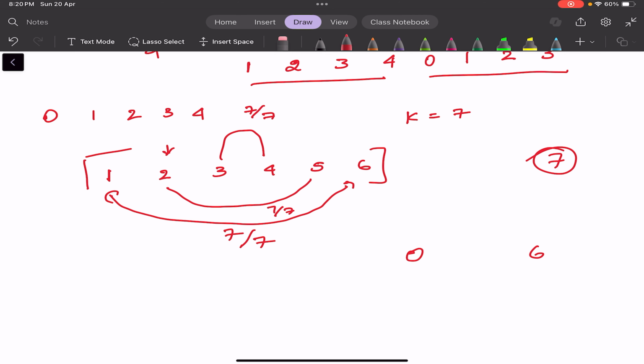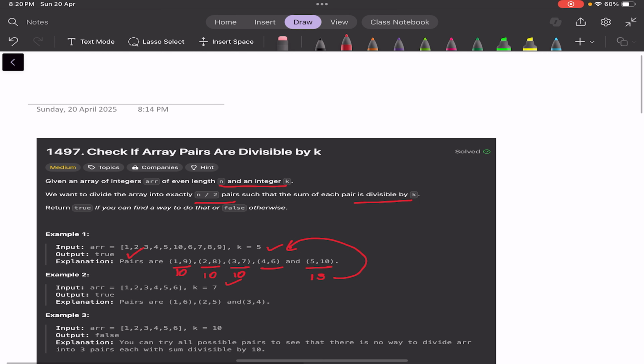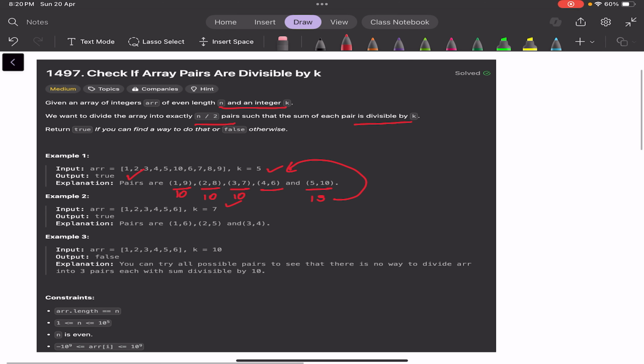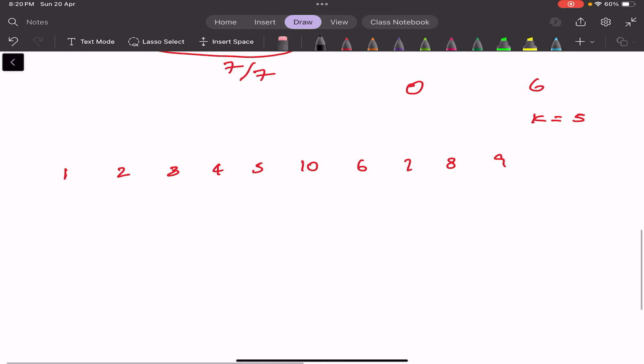So let's take the first example itself. We have 1, 2, 3, 4, 5, 10, 6, 7, 8, 9, and the k is 5, right? So we have taken the first example. Let's try solving this. The remainder of 1 divided by 5 is 1, right?